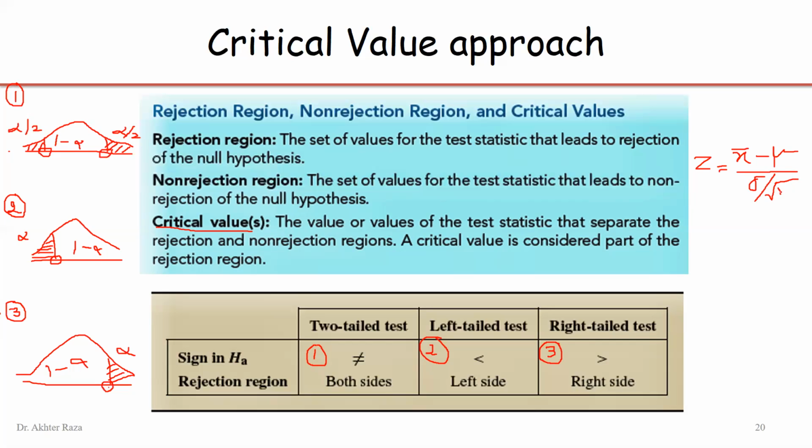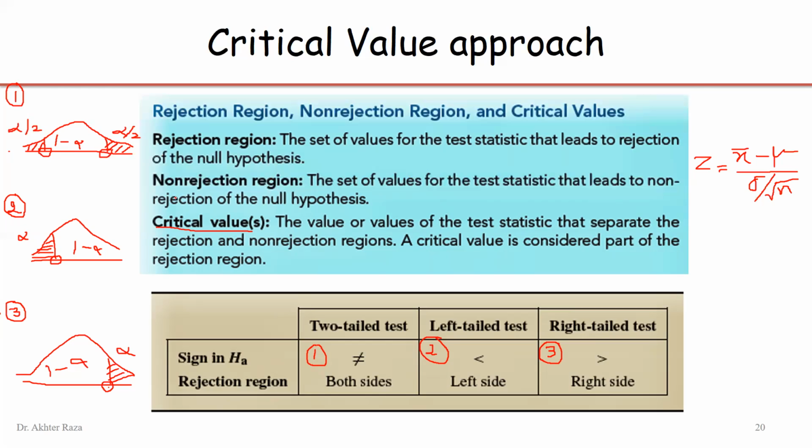The value of Z is computed by putting in X bar, mu, the standard deviation of the population, and the sample size. Then this value of the Z statistic will be compared with these two critical values.